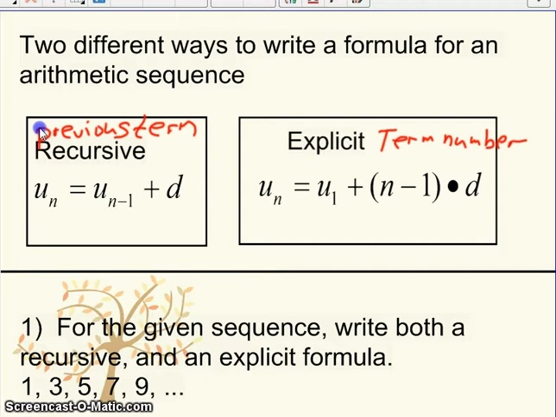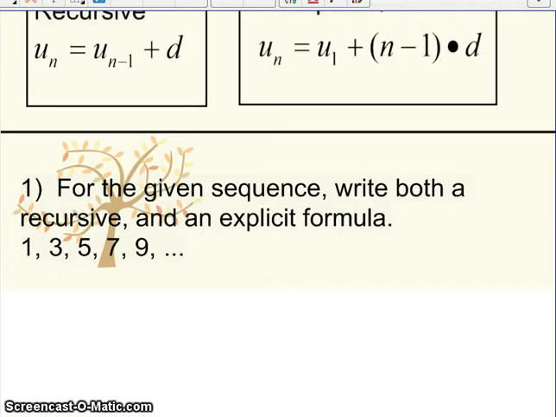All right, I've got a problem. For the given sequence, write both a recursive and an explicit formula. I'm going to start out with recursive. Remember that there are 3 steps to writing the recursive. We're going to start with listing the first term. U sub 1 equals 1.